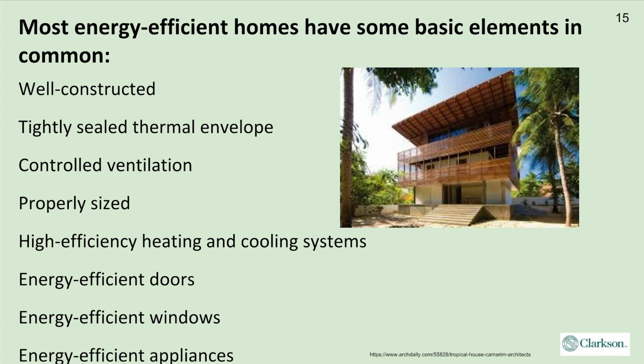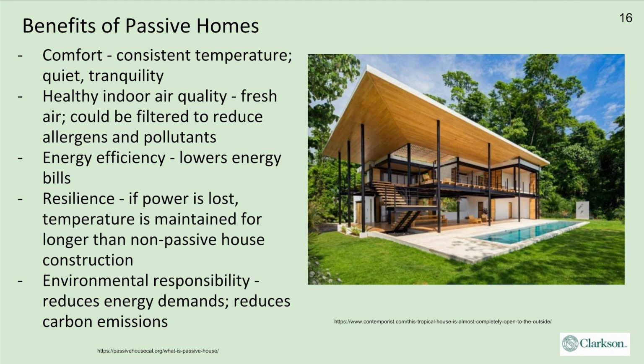Also in a home, you're looking for energy efficient doors, windows, and appliances, airtight windows and doors to protect our energy saving goal. Okay, so you're not just designing a home, you're designing a home that someone's going to want to live in. So you want to think about comfort. You want to have a consistent temperature.